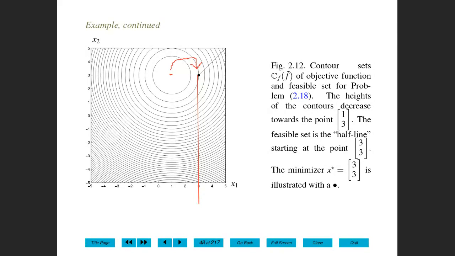The minimizer is shifted because the constraints g of x or h of x, whatsoever, have to be satisfied in all cases. We can't get away without them. So we have to satisfy the constraints. It's a must.